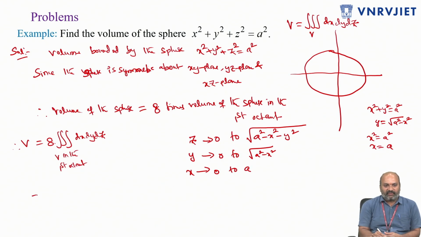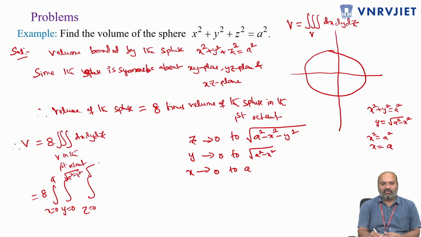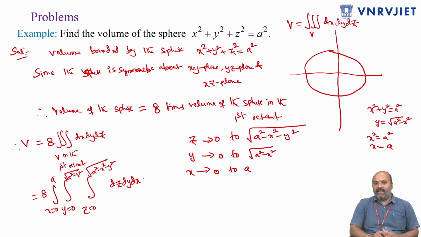So it is 8 into the integral x from 0 to a, integral y from 0 to root over a square minus x square, integral z from 0 to root over a square minus x square minus y square. I am writing dz dy dx instead of dx dy dz, since the z limits are functions of x and y, the y limits are functions of x, and the x limits are constants. So the order of integration is first with respect to z, next with respect to y, and finally with respect to x. Let's evaluate.